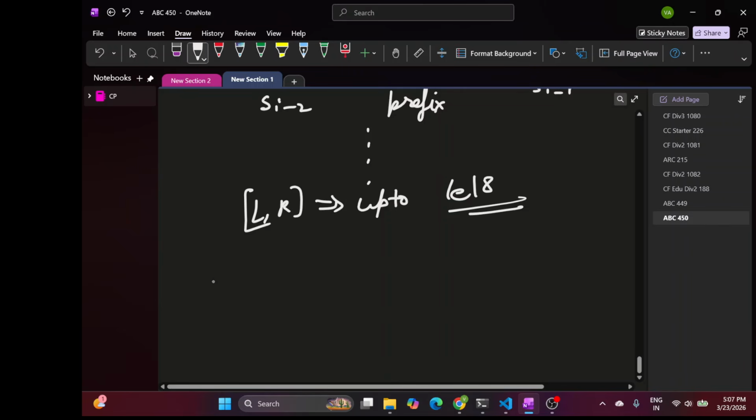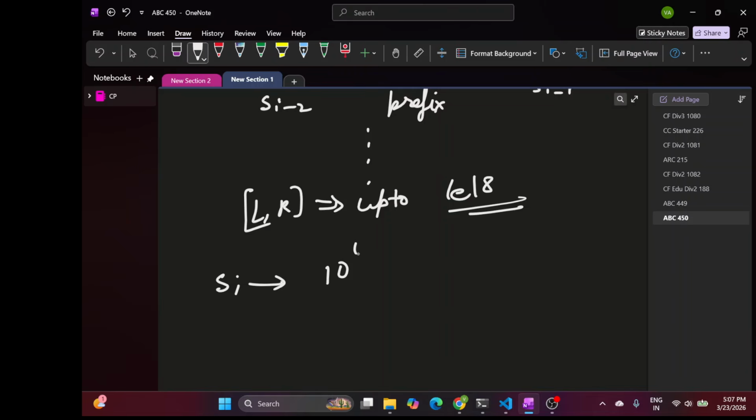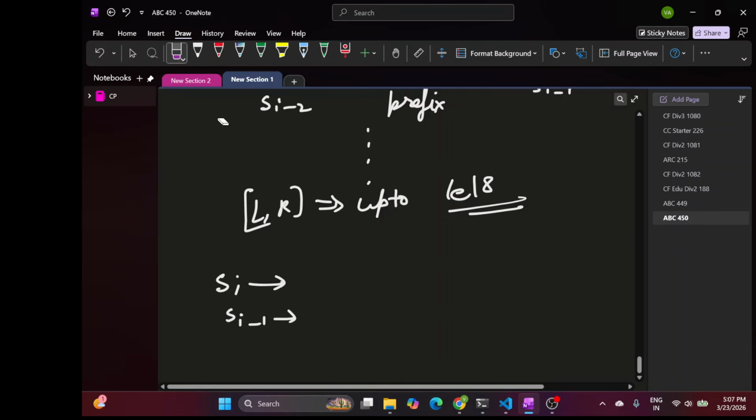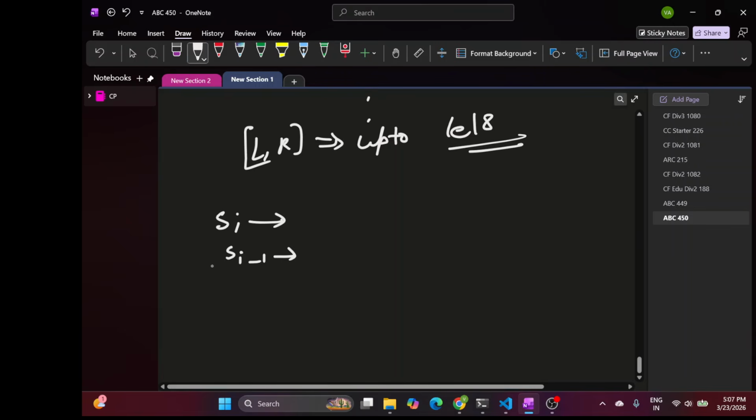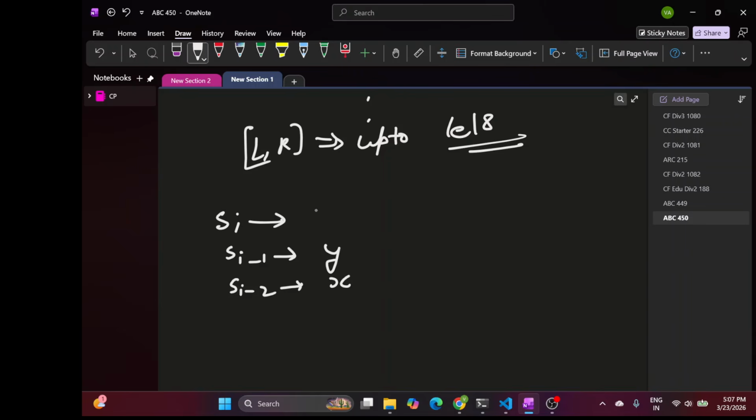So let's say our Si has some 10 raised to 100 characters, right? And let's say Si minus 1 has some... now I'm writing some random numbers only here, right? Or let's just take variables. Let's say Si minus 2 has X characters, Si minus 1 has Y characters, so Si will definitely have Y plus X characters, right?